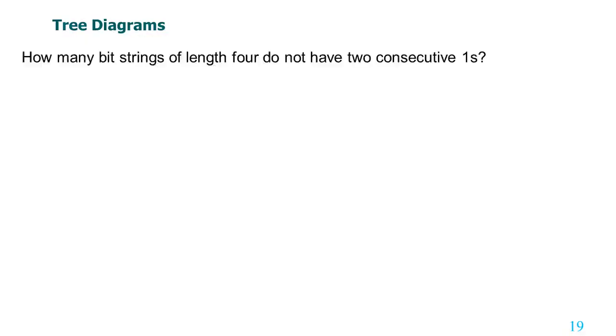There is another technique in counting. For example, how many bit strings of length 4 do not have two consecutive ones? That is, we have to generate the bit strings of length 4 that do not have two consecutive ones. Here there are 4 tasks: task 1, task 2, task 3, task 4.